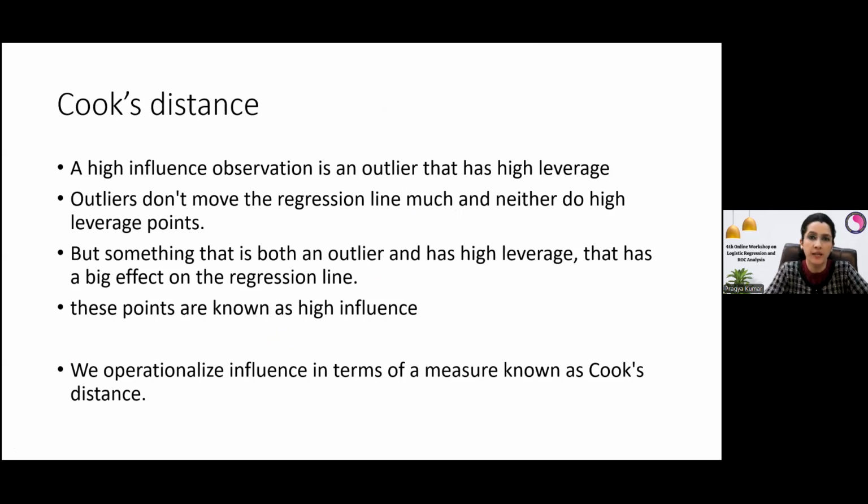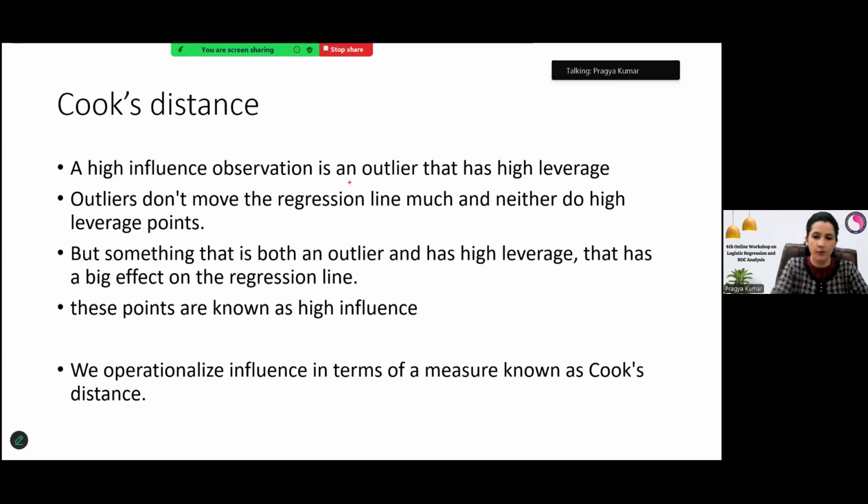Now, when you take both these into account, high leverage point and the outlier, then both these combine. If you calculate a distance, it is known as the Cook's distance. So what is a Cook's distance? So basically, a Cook's distance is a high influence observation which is an outlier and has got high leverage. So if you see, a Cook's distance is an influential point which incorporates both these, outlier and a high leverage.